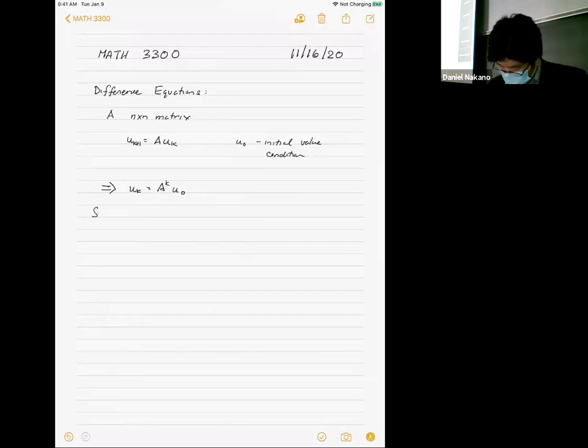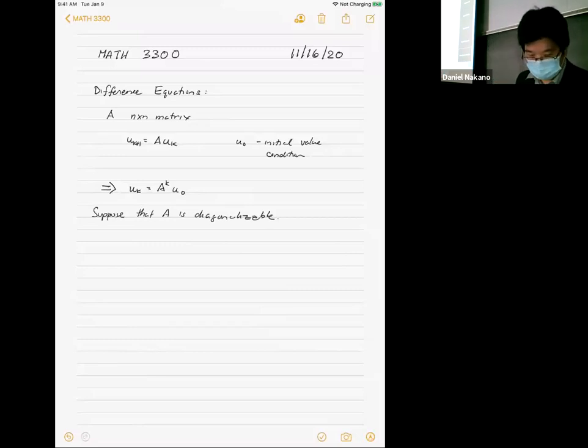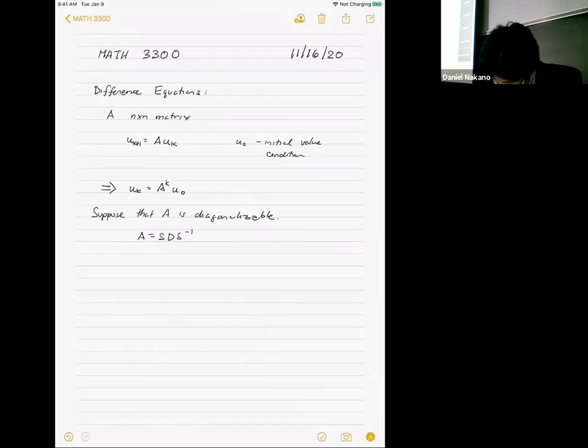So suppose we're in a nice case where A is diagonalizable. What does that mean? It means that A is equal to S D S inverse, where D is diagonal with entries lambda 1 up to lambda n.